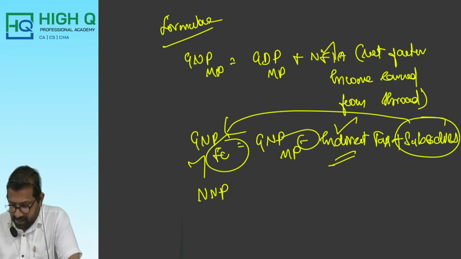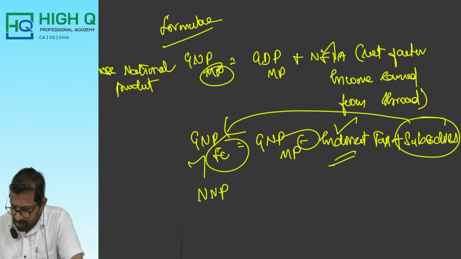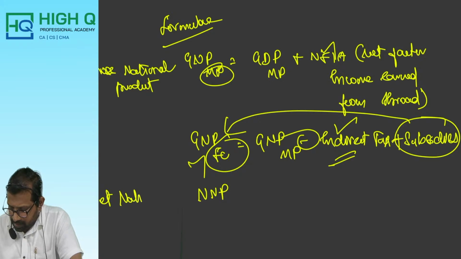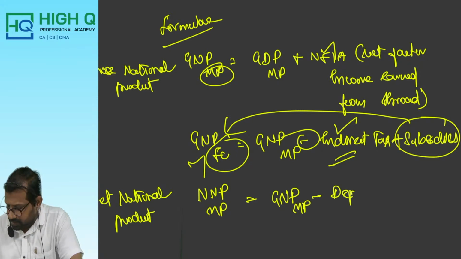The next one is NNP, called net national product. The formula: NNP at market price equals gross national product at market price minus depreciation.